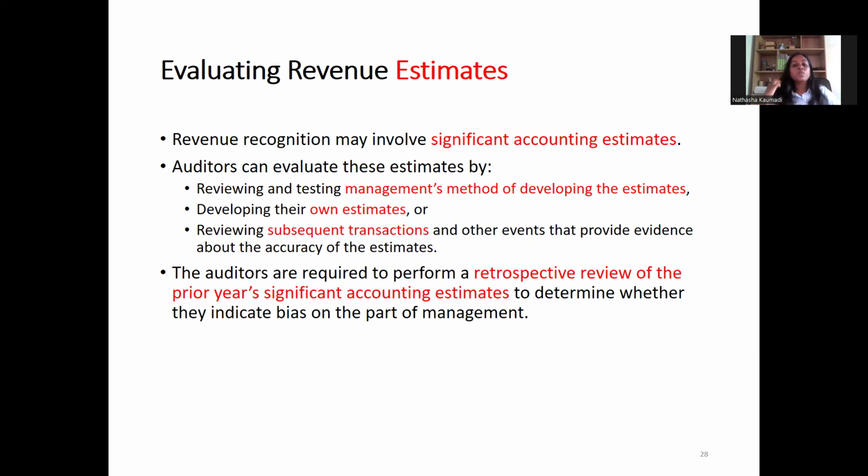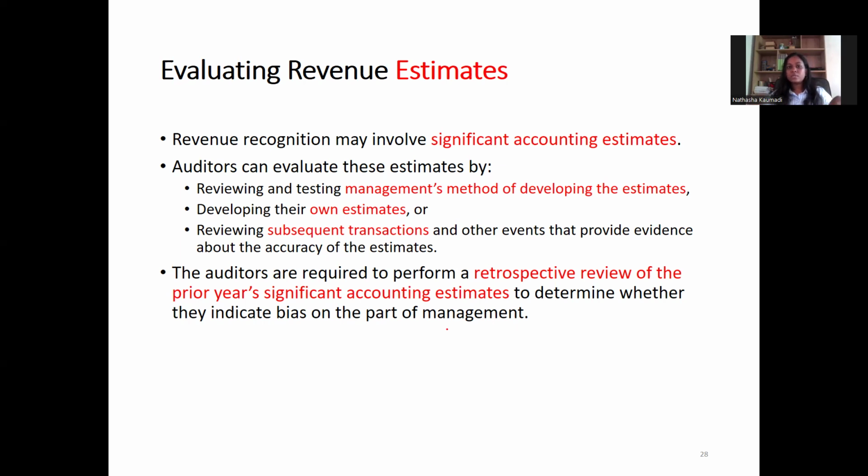The auditors are required to perform a retrospective review of the prior year's significant accounting estimates to determine whether they indicate bias on the part of management. It is something like this. In the previous financial statements, there can be estimates used. Now those estimates are getting realized. The real information is appearing this year.